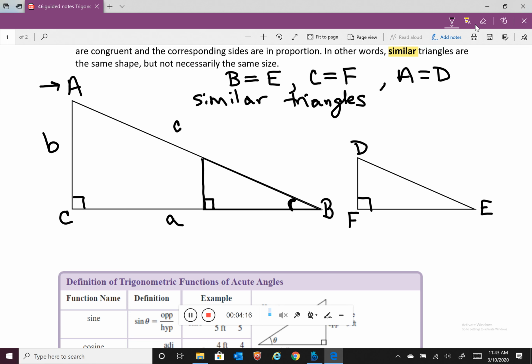Now, what does that mean? That means I can take any side of triangle ABC, such as side A, and I can choose to compare it to another side of triangle ABC, such as side B, and that will be the same. And let's write down our sides.